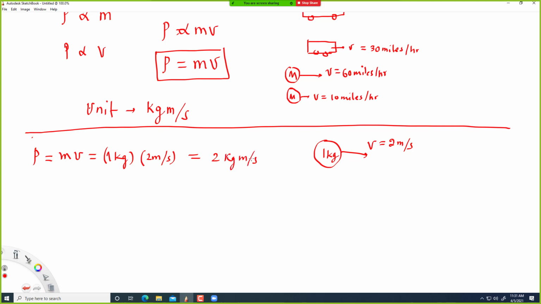Now, let's say you want to change the momentum of that object. Think conceptually. How do you change the momentum? You have a chair moving at some speed, and you want to change its momentum. So what do you need? You need some force.